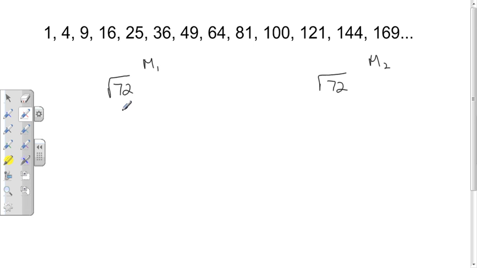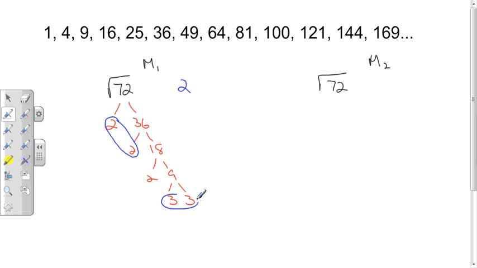Method 1 said to look for the 2-for-1 idea with a factor tree. So I'll just make a factor tree and say it's 2 times 36. That's 2 times 18, which is 2 times 9, which is 3 times 3. If you're quick with a factor tree, this way's not too bad. Now I'm going to look for my 2-for-1s. I have 2 factors here of 2, which will become 1 factor of 2.